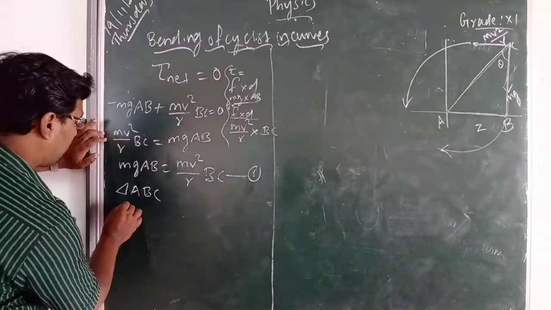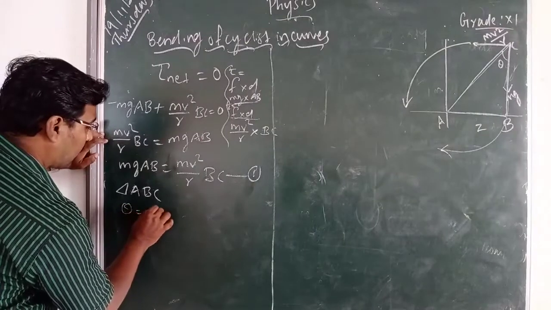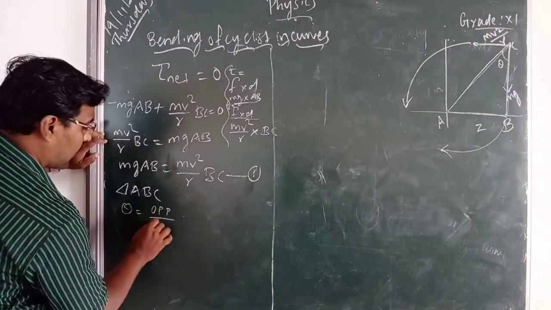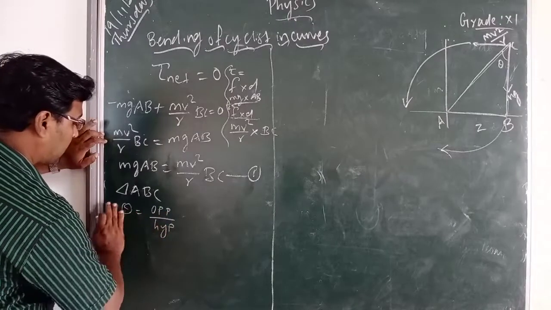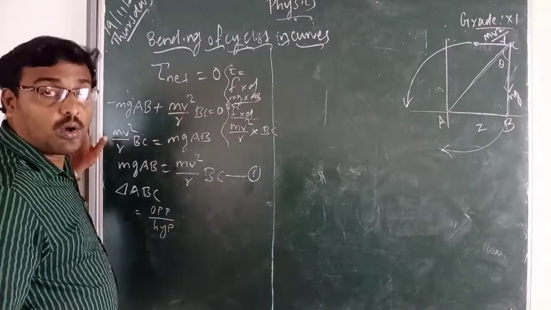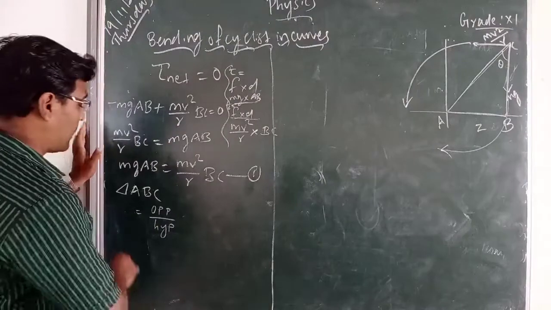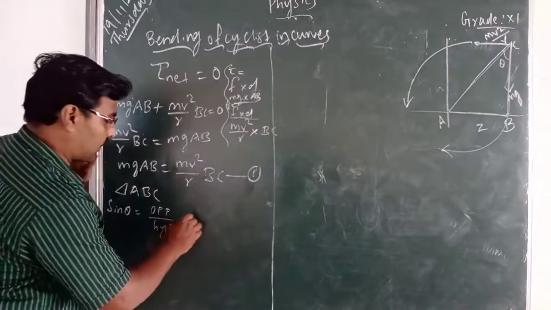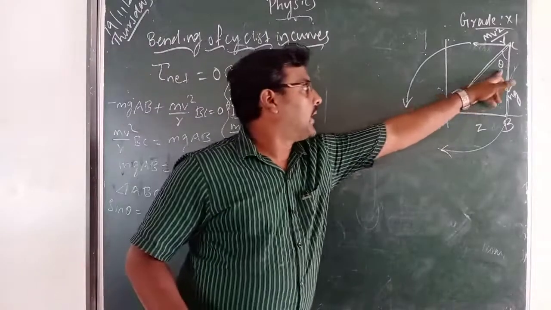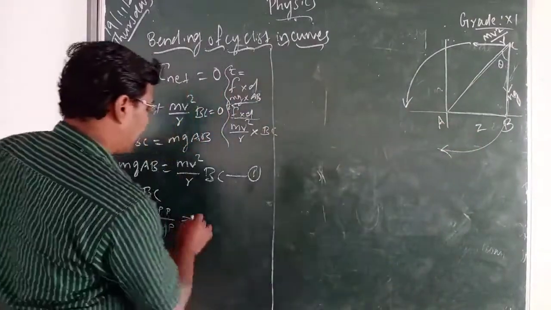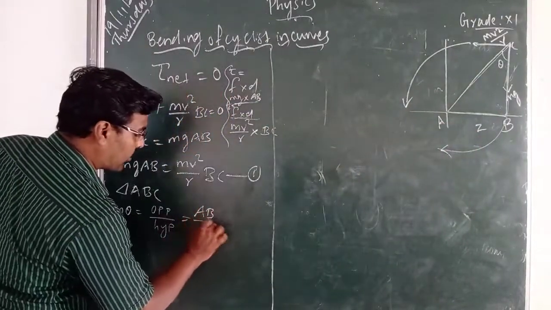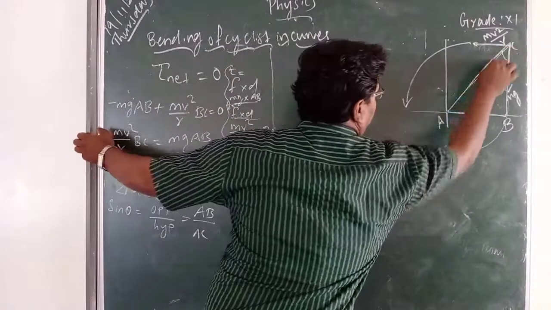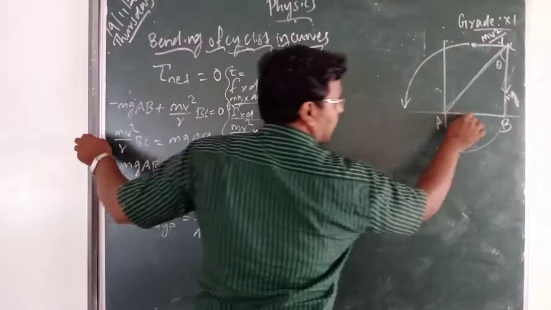Theta is equal to opposite by hypotenuse, so sin theta is opposite side by hypotenuse. The opposite side is AB, and the hypotenuse is AC.